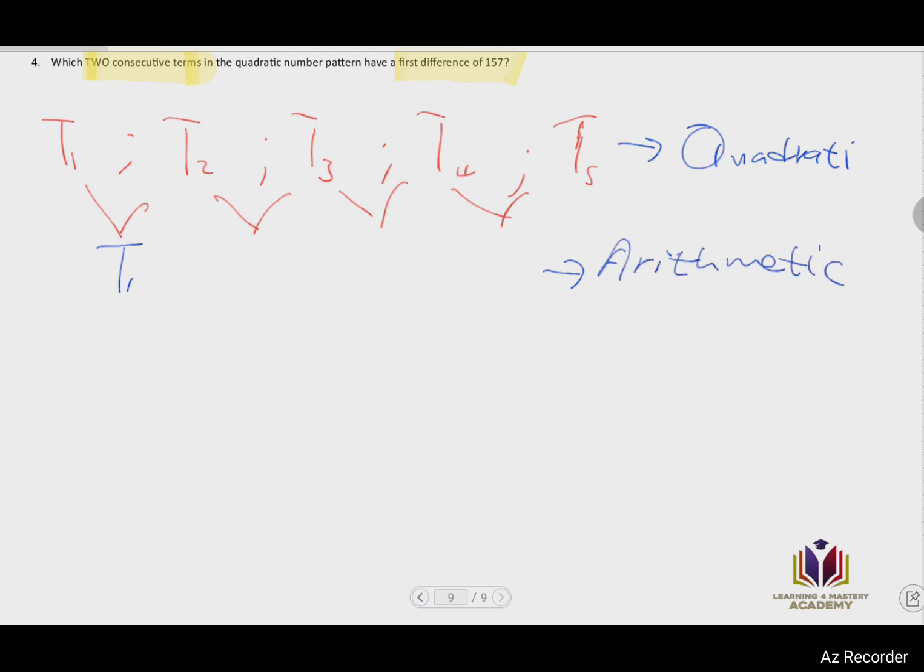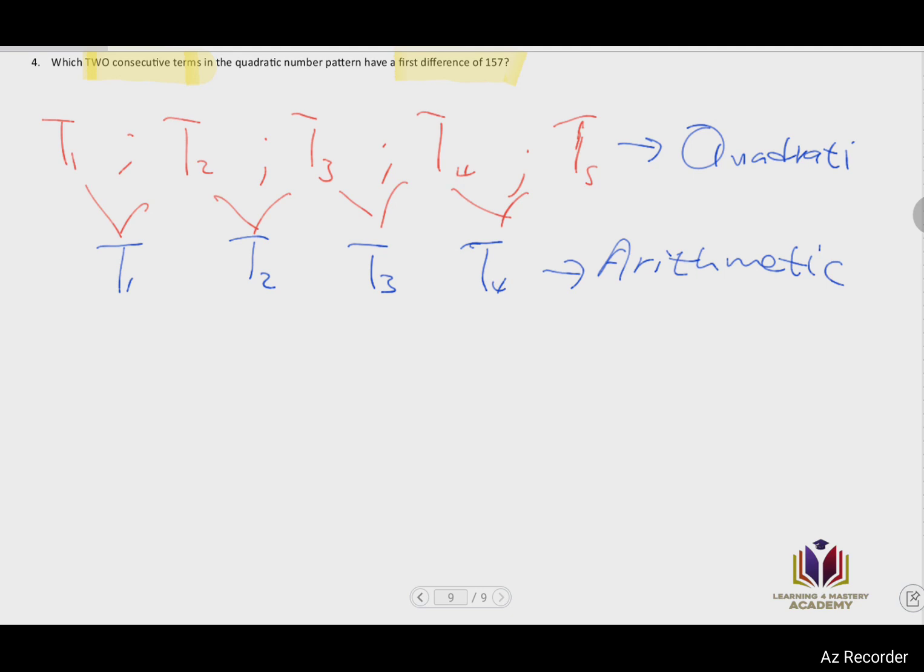I'm doing this to avoid saying the first term of the first difference. So this is going to be the first term of the arithmetic. So if we say T3 minus T2, this gives us T2 of the arithmetic. T4 minus T3, this gives us T3 of the arithmetic. T5 minus T4, this will give us what? It will give us T4 of the arithmetic, right?